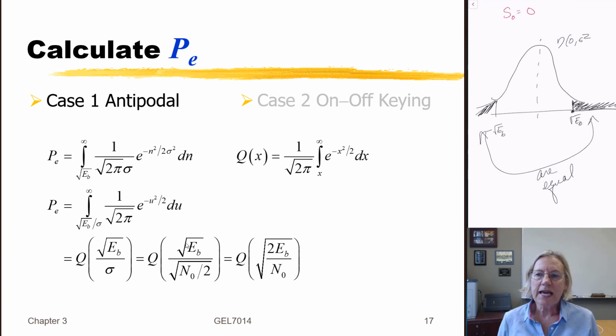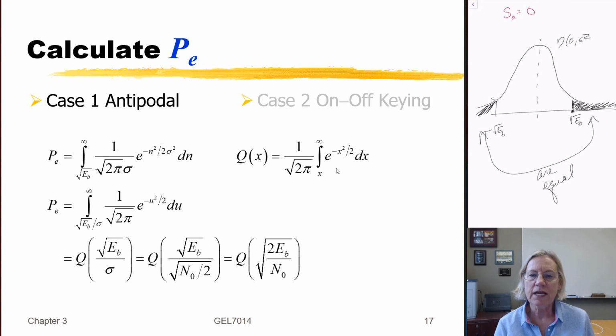This calculation comes up all the time in communications and in many different applications that draw on the Gaussian distribution. And because this integral occurs so often, we give it a name. The name that we give is the Q function, or sometimes called Marcum's Q function.